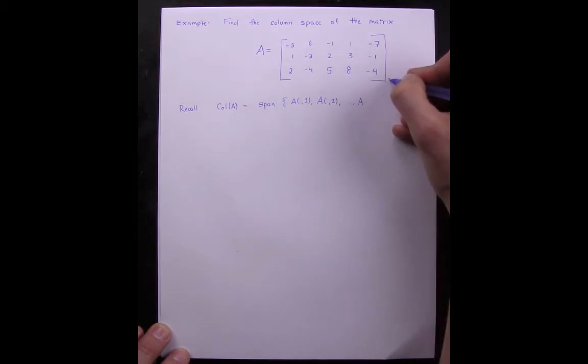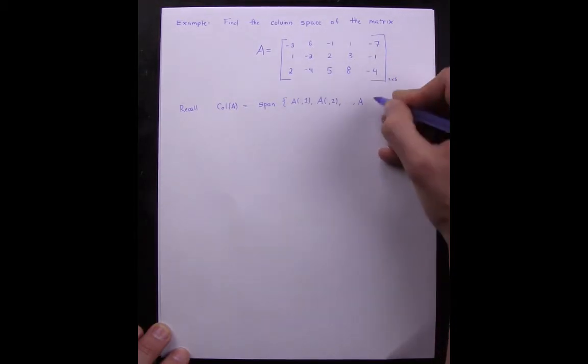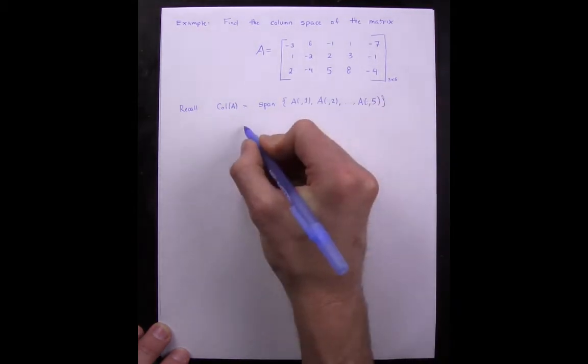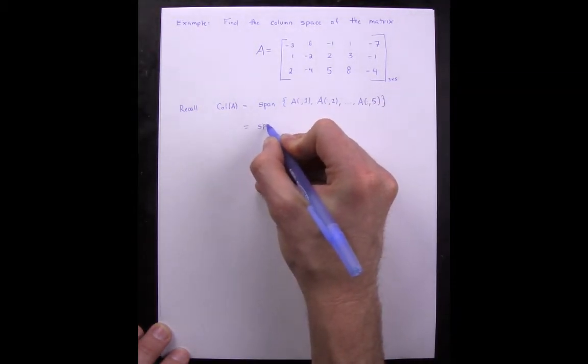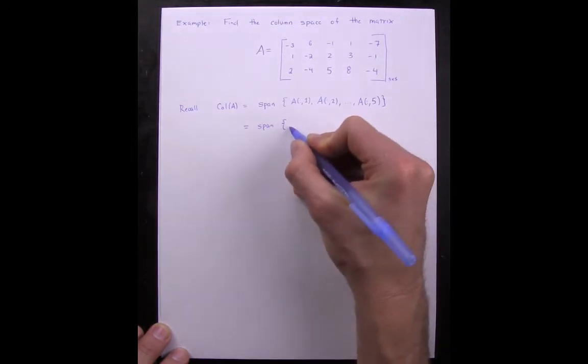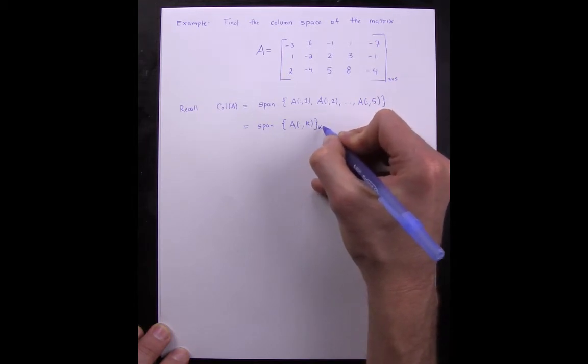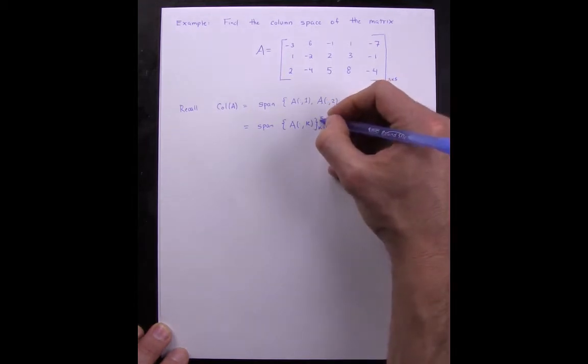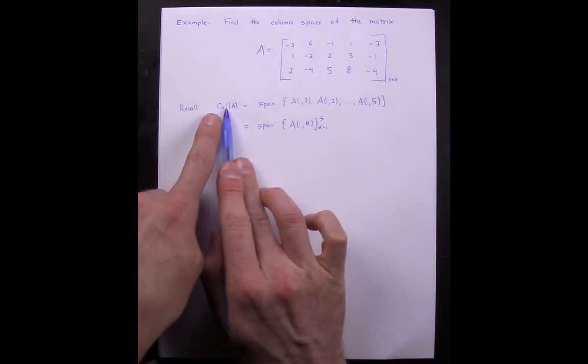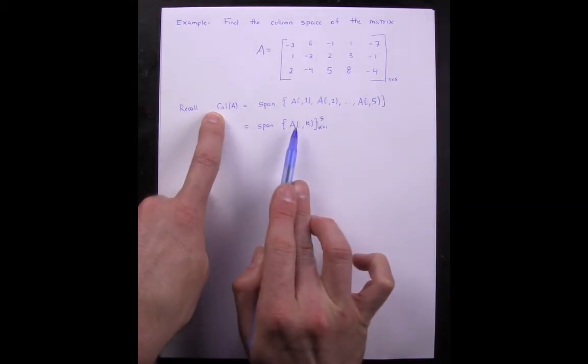Because this is a 3 by 5 matrix, we know there are a total of 5 columns. And we can write the entire index set using index set notation. Here, the column space is the span of the columns.